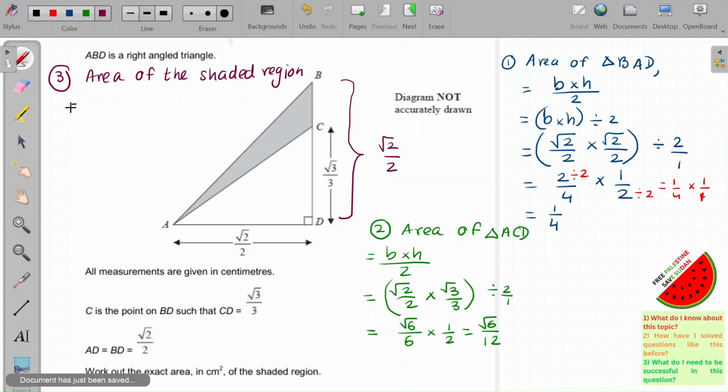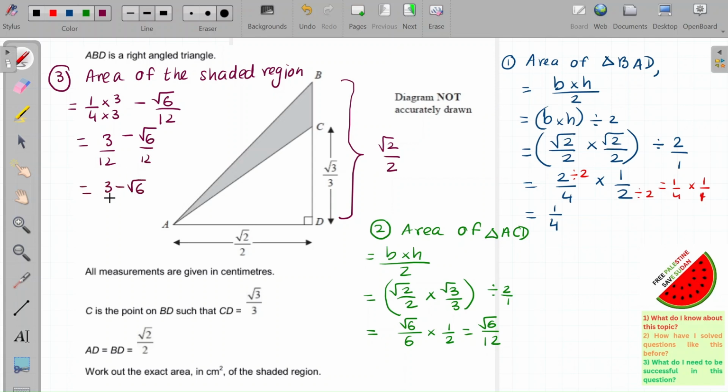So it'll be a quarter minus root 6 over 12, multiply top and bottom by 3 so that the denominators are the same. So it'll be 3 minus square root 6, which I'll write as a single fraction. And there we go. That's my answer to this question.